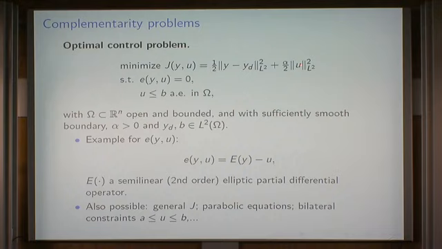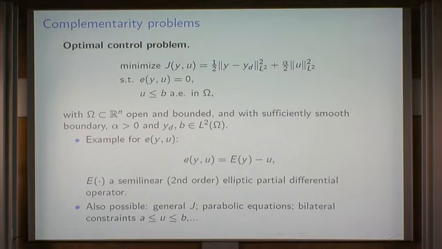So you have this quadratic fit here, subject to a governing system which describes your physics, so it's very abstract here. There's a partial differential equation hidden in this operator E with the state y and the control u, which could either act in the domain, which is the case that I'm flashing up here, but it could also be u acting just on the boundary in various ways, Dirichlet or Neumann.